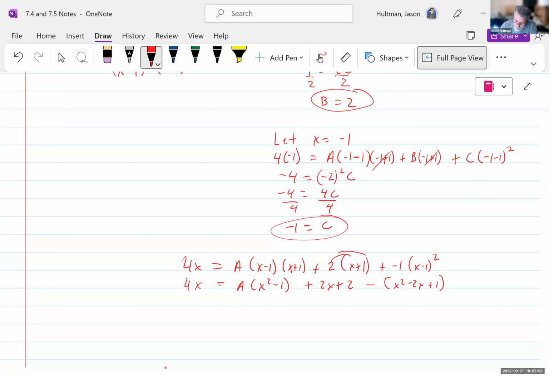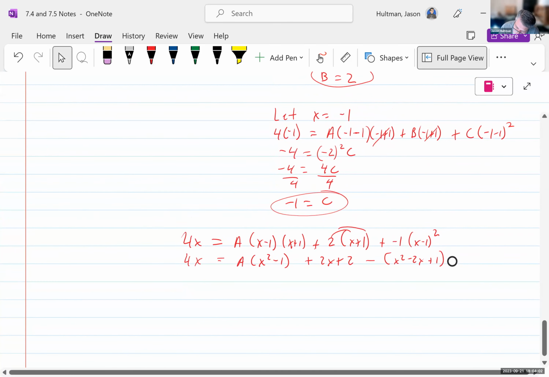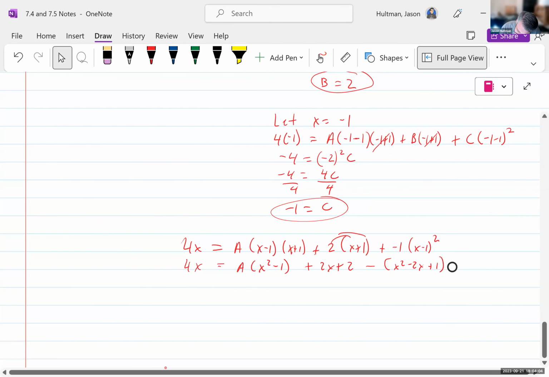Okay. And I'm going to write the 4x kind of weird in a second. But this all works out. I'm going to distribute the a. I get ax squared minus a plus 2x plus 2 minus x squared plus 2x minus 1.